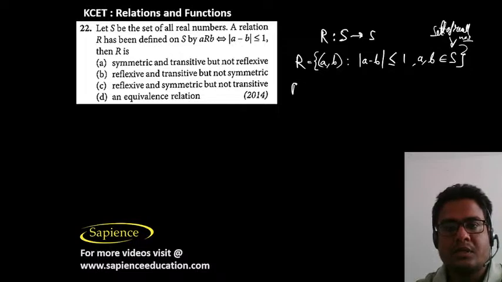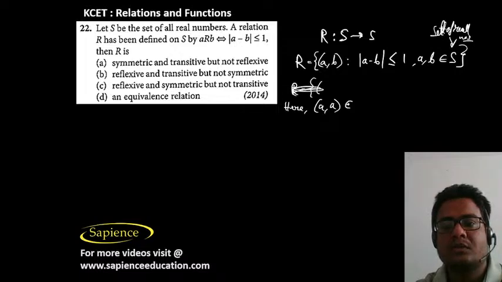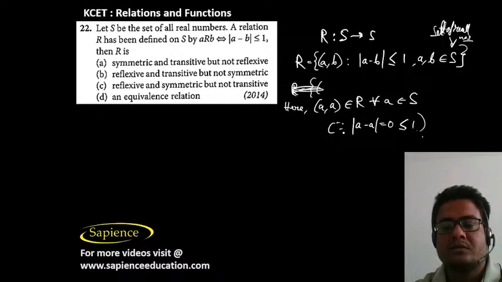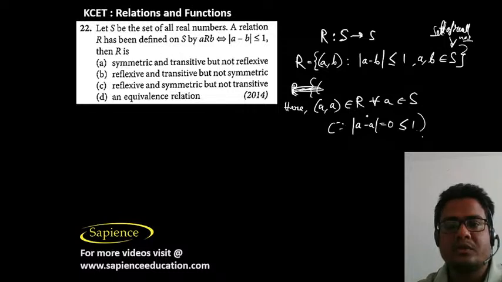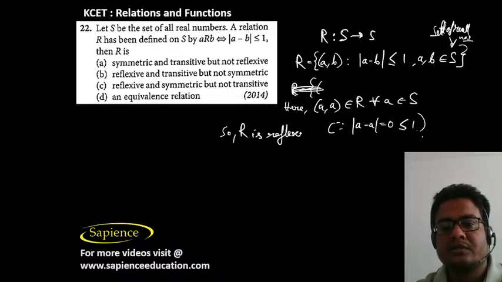So here R should contain the same element. So here you can say that A comma A belongs to the relation R for all A belongs to the set S. Since absolute value of A minus A is equal to 0, which is obviously less than or equal to 1. So the same element is related to itself. So I can say that the relation R is reflexive.